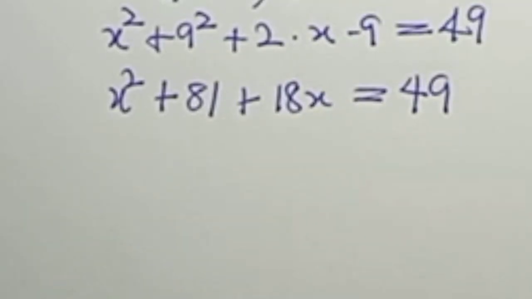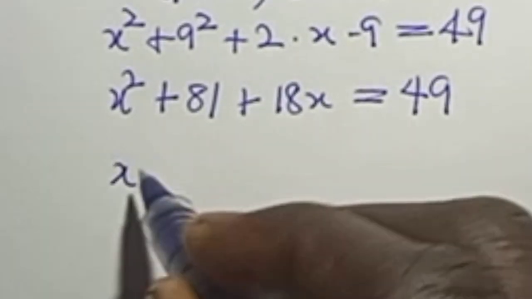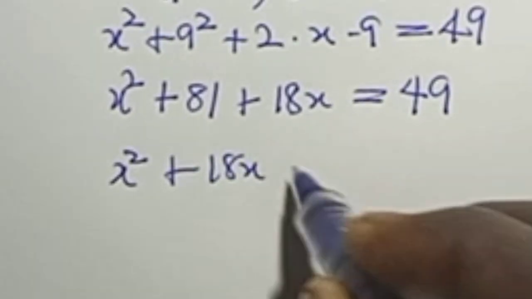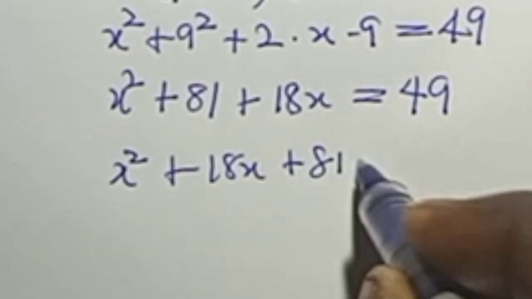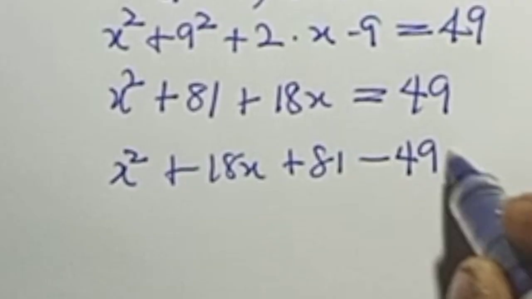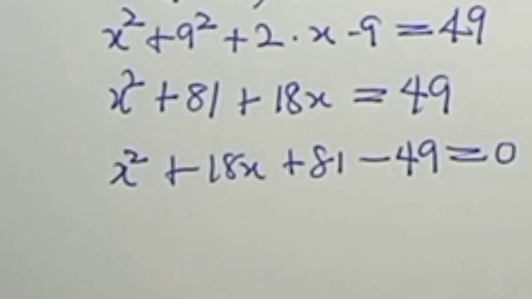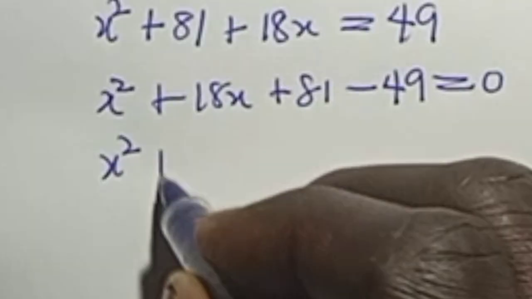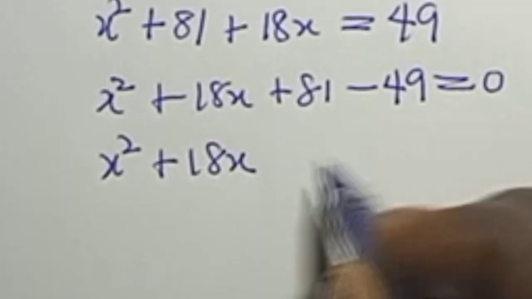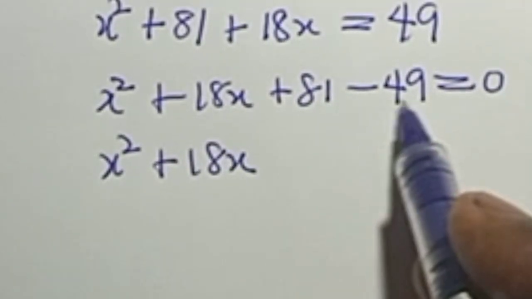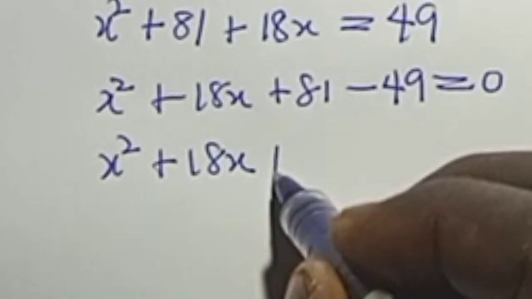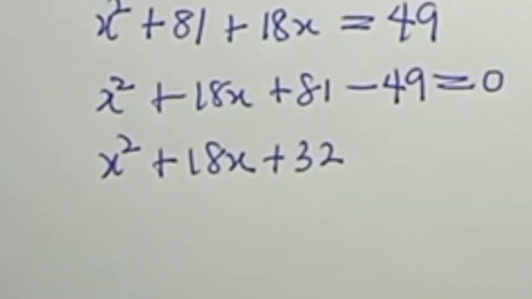So if we simplify further, we're going to see that x^2 + 18x + 81 - 49 is equal to 0. And here x^2 + 18x, 81 minus 49, that is plus 32, all equal to 0.